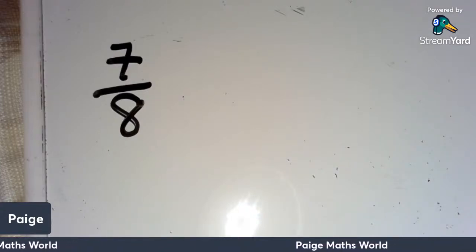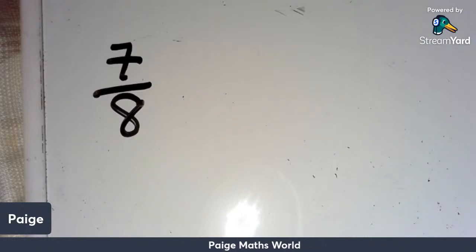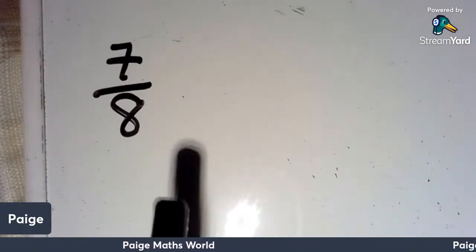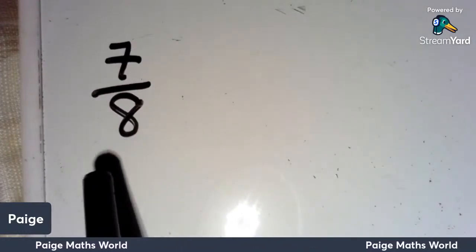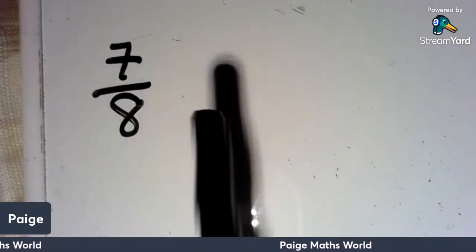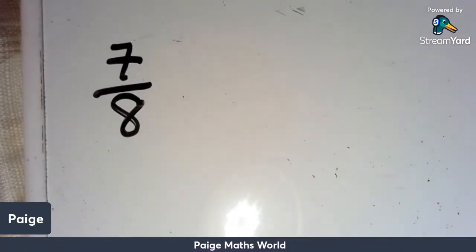Dolly, what did you get? Taryn, what did you get? Remember, you're going to use the denominator and try to divide it into the numerator and see what we are going to get as a decimal.